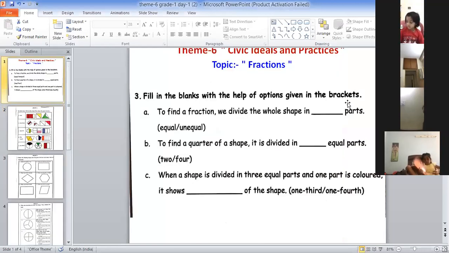In the notebook, we will write later on. On page number 10, question number 3 is there. Fill in the blanks. Don't open your math notebook. Open page number 10. This is question number 3 on page number 10. Please open this page.